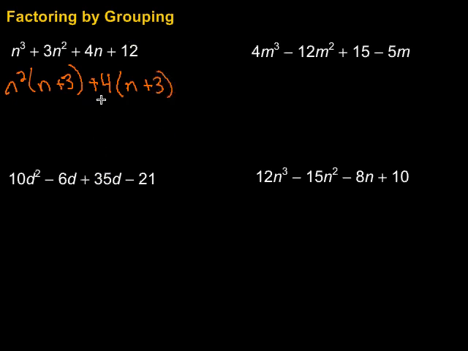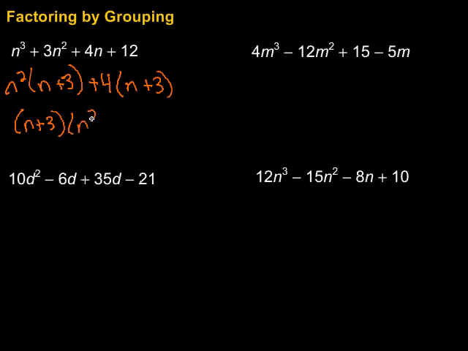Okay, now notice what happened. We ended up with a term that has an n plus 3, and then another term that has an n plus 3. Well, we can factor those n plus 3's out to the front and see what we have left. So we have n plus 3 here. If I take an n plus 3 out of this piece right here, I'm left with n squared.